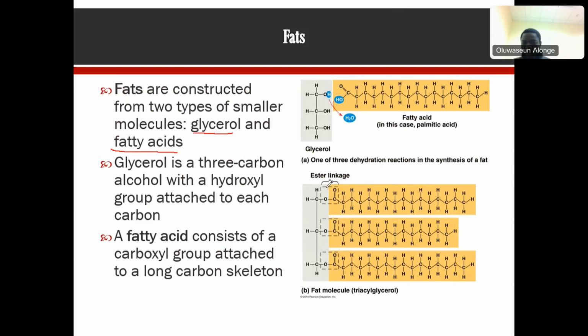This is the carboxyl group there. Then it will be attached to the glycerol, and that makes it triglyceride. So tri, 1, 2, 3 fatty acids, then glycerol. So triacylglycerol means 3 fatty acids and glycerol.